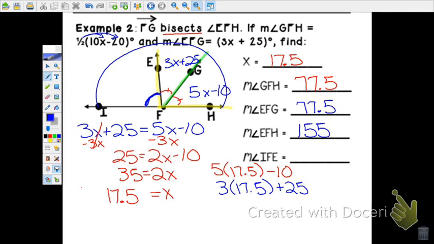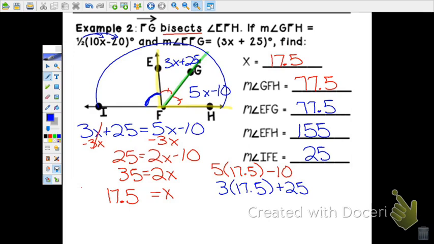The yellow angle was 155. I subtract that from 180. I'm left with 25 for angle IFE.